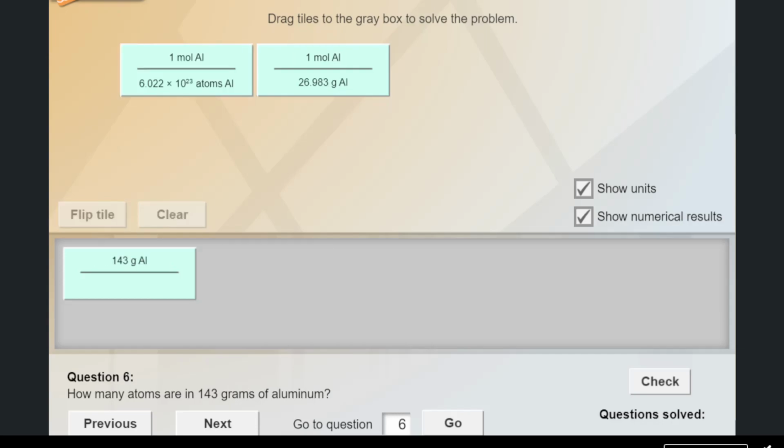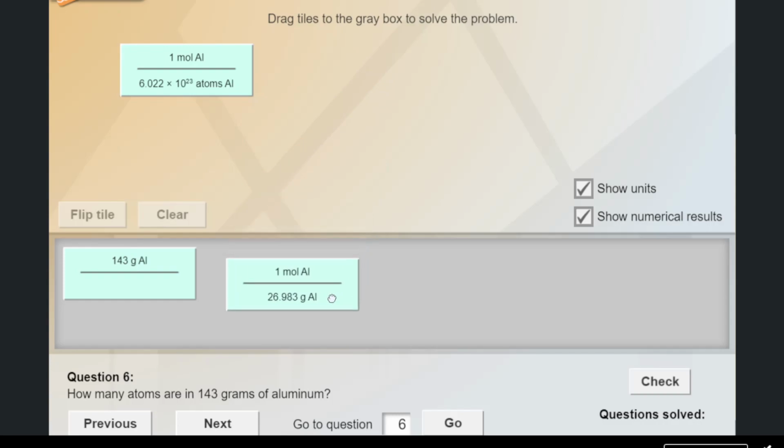You also have mole conversions where it requires more than one conversion factor. In this problem, we're converting from 143 grams of aluminum to atoms of aluminum. We start off with grams, so we need molar mass for our first conversion factor. In this case, what we're doing is converting from grams to moles.